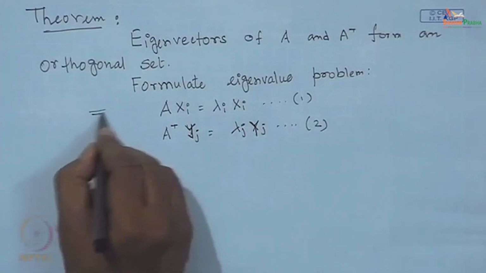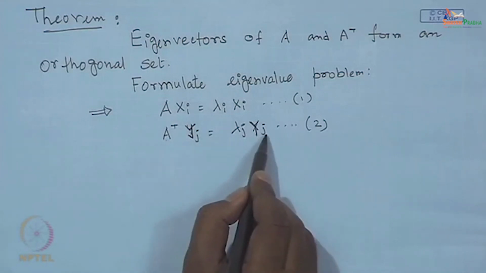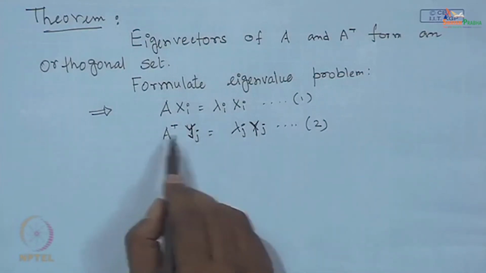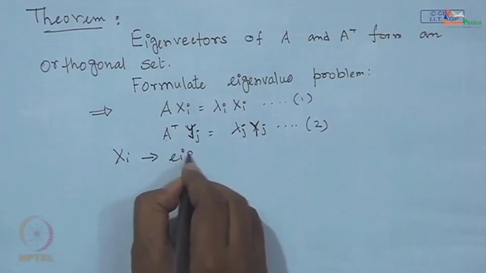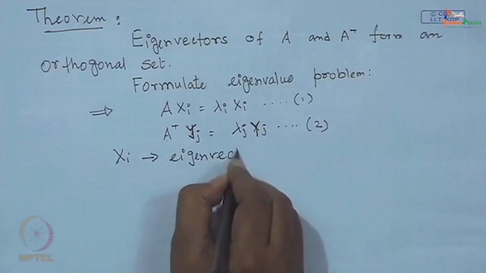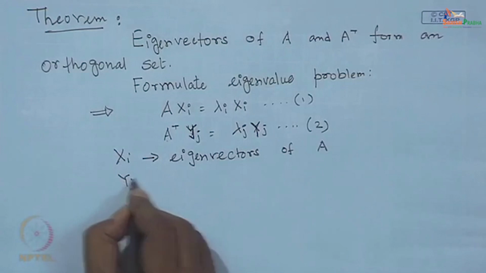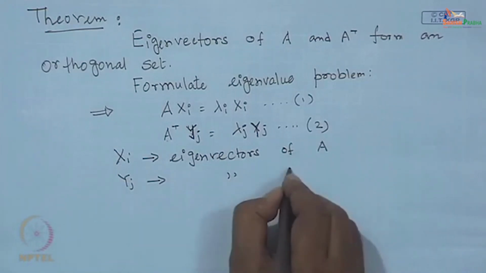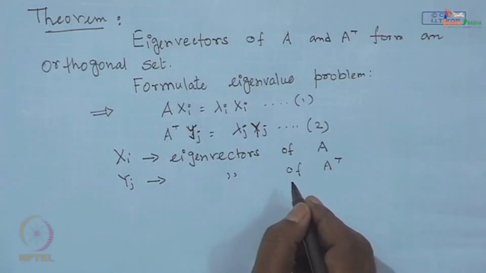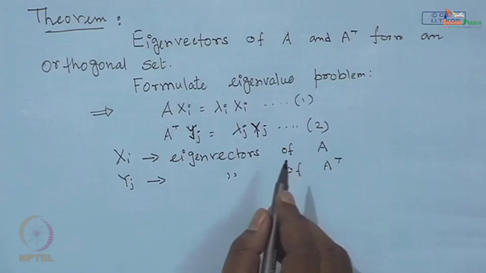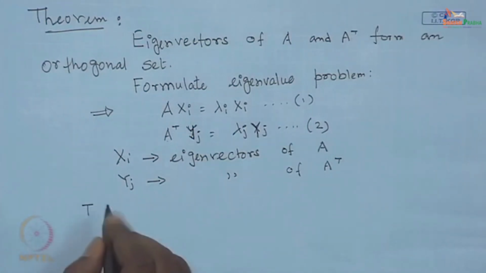This is the eigenvalue problem for the matrix A, and this is the eigenvalue problem for the matrix A transpose, where x_i's are eigenvectors of matrix A and y_j's are the eigenvectors of matrix A transpose. So, next what do we do? We take the left inner product of equation 1 with respect to y_j and see what we get.